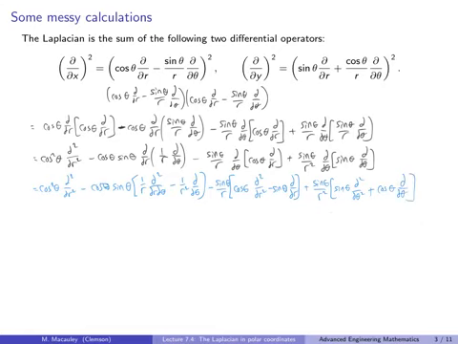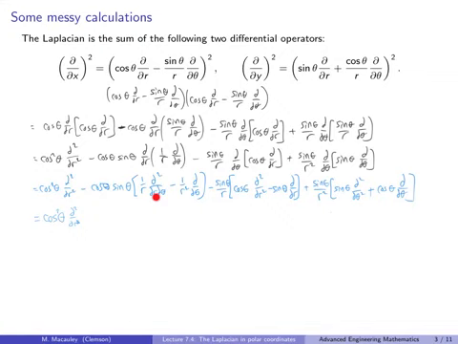Okay, so now let's simplify this. So what do we have here? I think some of these terms are either going to add or cancel. So we have cosine squared of theta times d squared dr squared. Let's make sure that's a 2. And now what else do we have here? So I think we're going to have some, so cosine sine over r times the mixed partial.